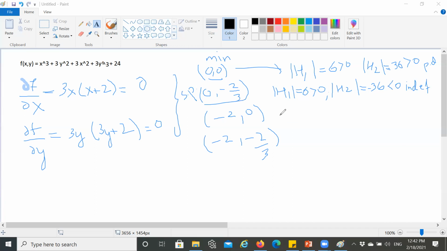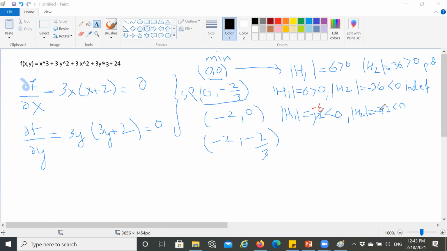Okay. Next one. Who's going to tell me this one? -2 and 0. Also indefinite. H1 would be equal to minus 6, correct me if I'm wrong, and H2 is minus 36. Yes, minus 2 and 0. Okay, if you're saying minus 6, I will just write it because we have no time to check.